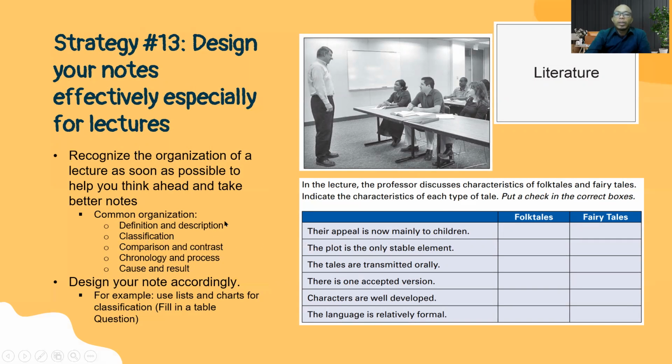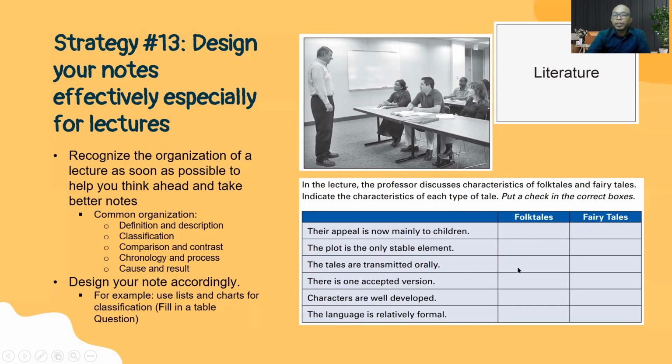So when you are designing your notes, outline especially, you can draw something like this. You can draw 3 columns, and then folk tales and fairy tales on 2 of them, and then the information in 1 column.